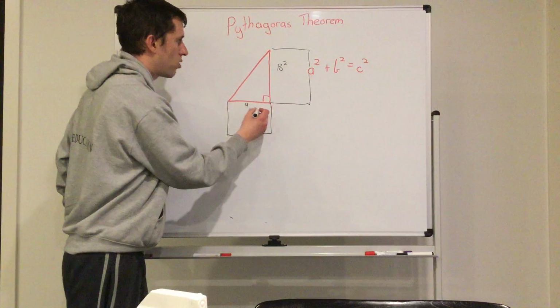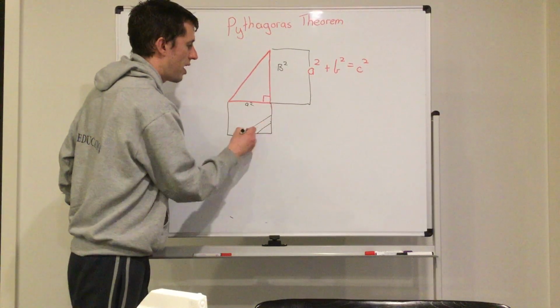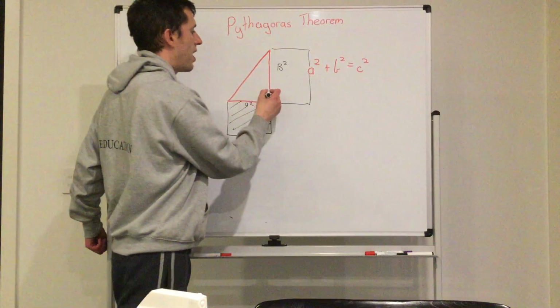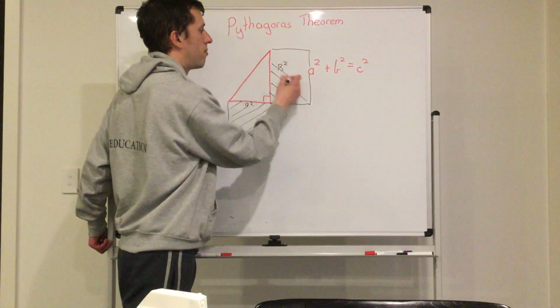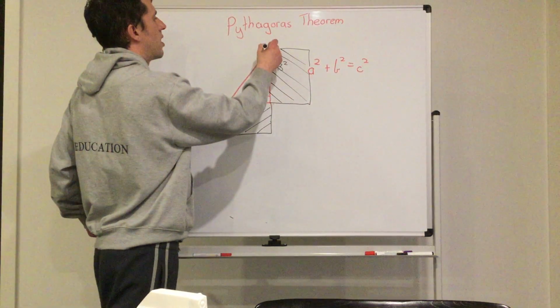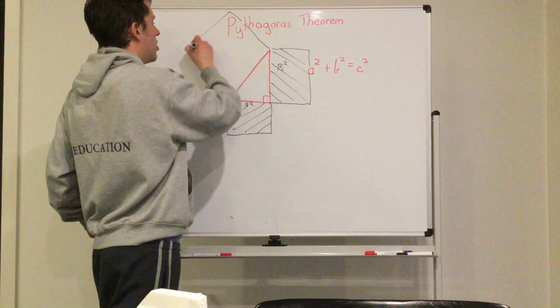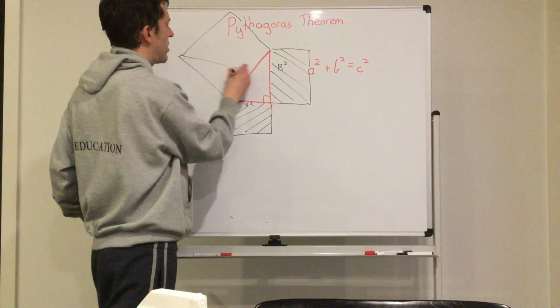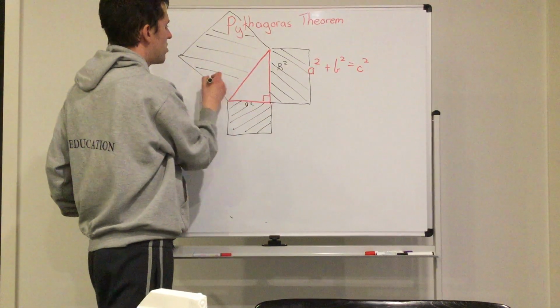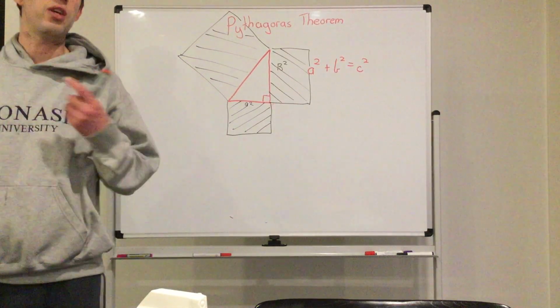So this side here is a squared. We are adding b squared, and that equals our hypotenuse, which is our c squared. So that is what I would like you to think about.